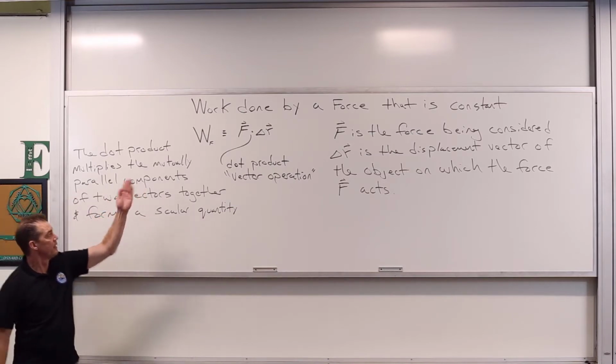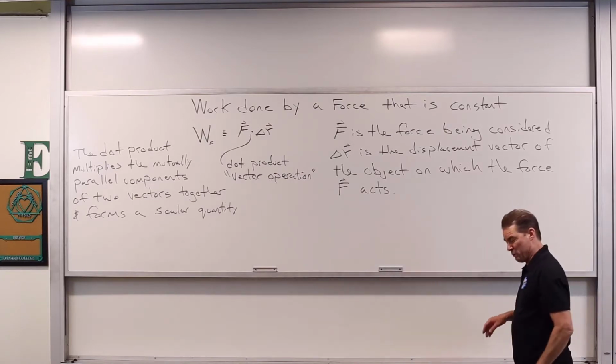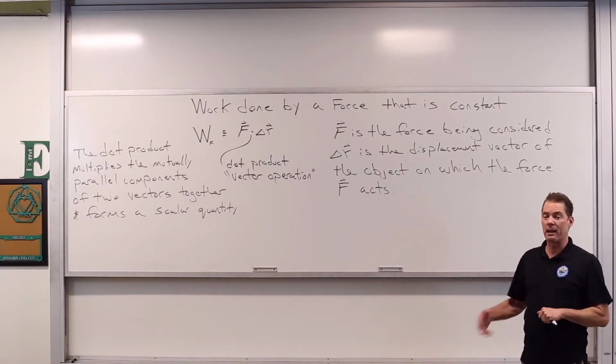And in this case, the dot product between the force vector and the displacement vector gives a scalar quantity that we're going to call work, the work done by the force.